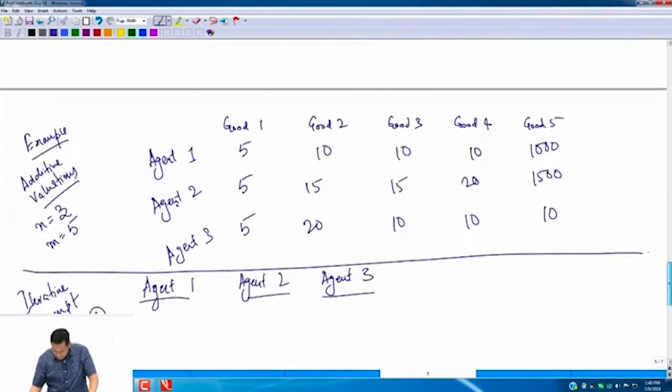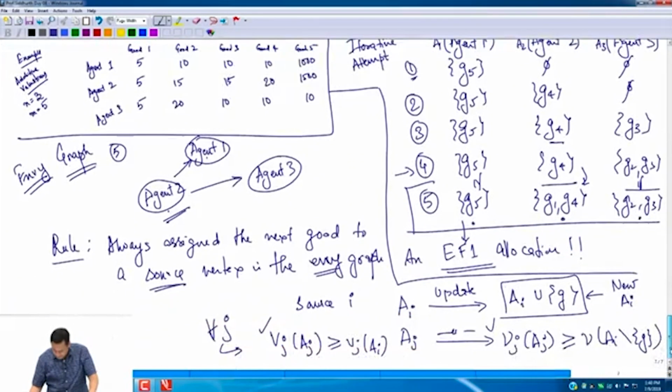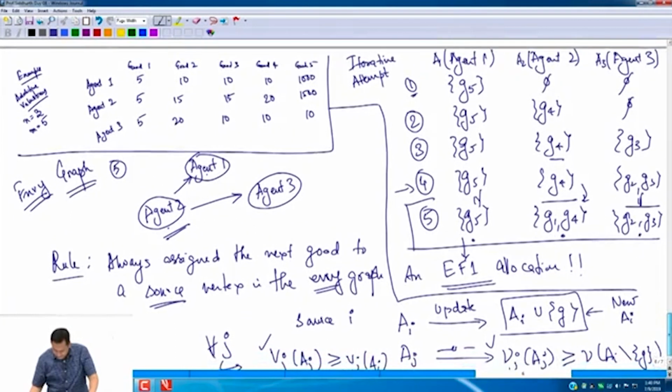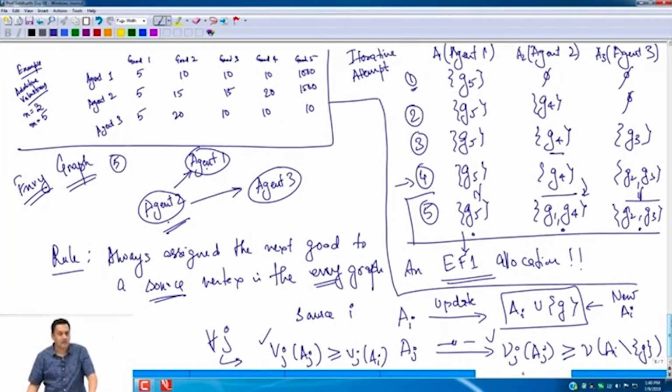Okay, so with that, we went through this example where the valuations were additive, and what we did was follow an iterative process. We iteratively assigned goods one after the other, and what we could accomplish in this example at least was that we looked at the envy graph at every stage of the algorithm, at every iteration.